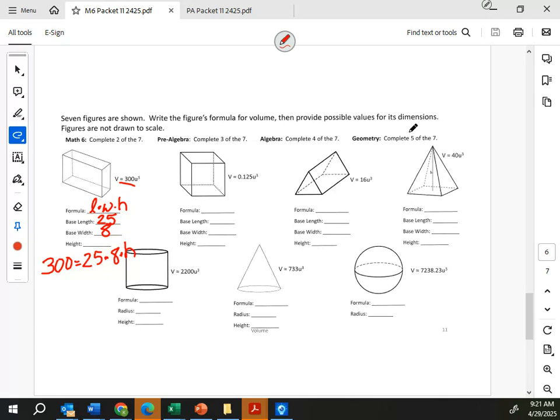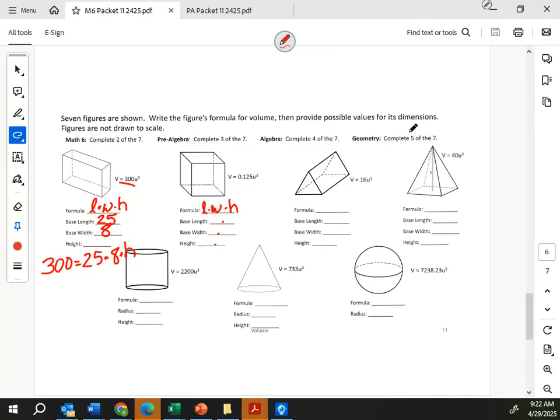For our cube, it's length times width times height, but remember that cube is made up of squares. So all 3 of these numbers need to be the same number. What number do you multiply together those 3 times to get 0.125? So you will be working with a decimal.